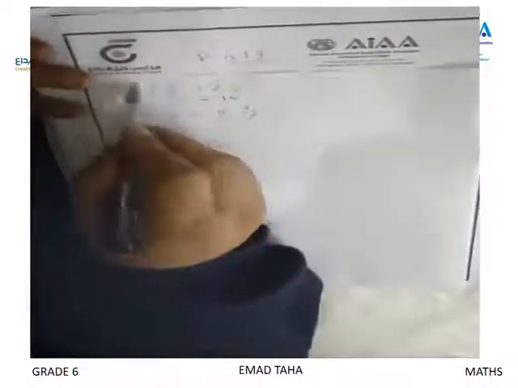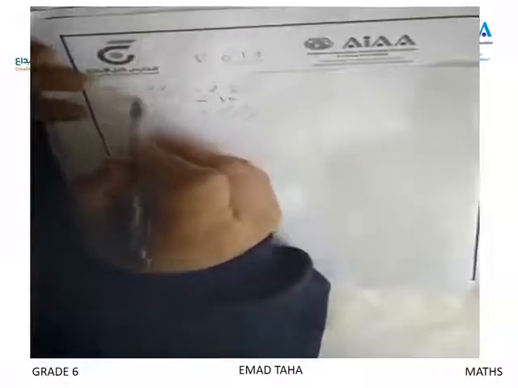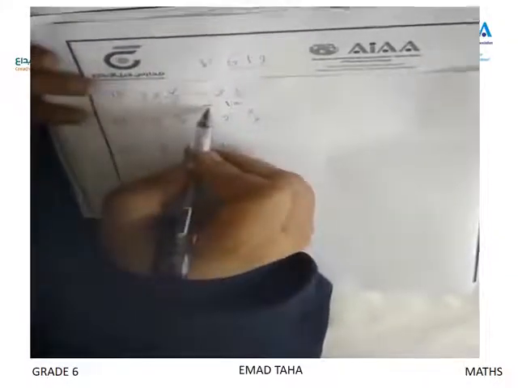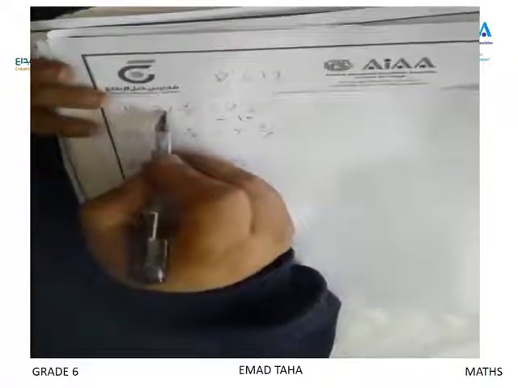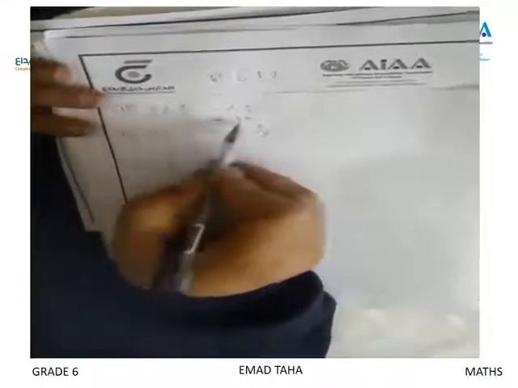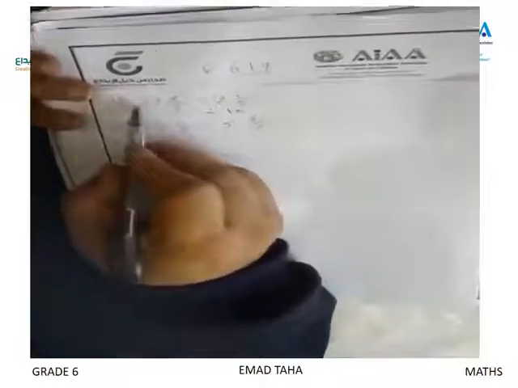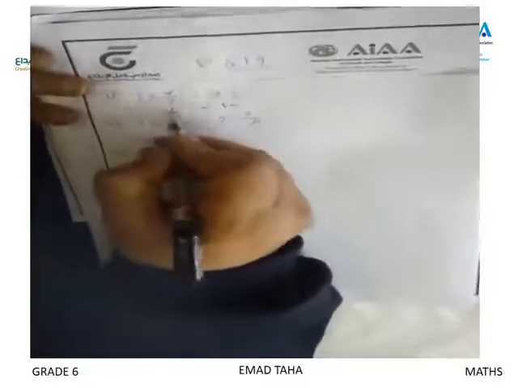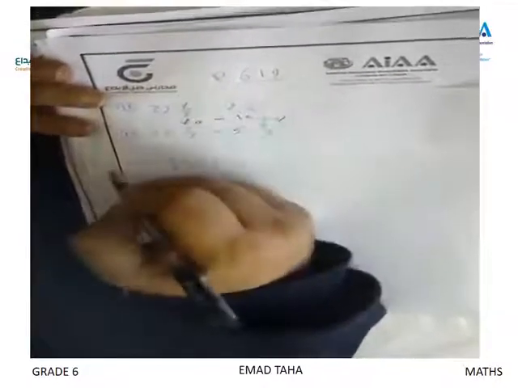Then we estimate the dividend by a number suitable to divide by 10. What is the number closest to 39 and 4 over 5 and divisible by 10? Table of 10, 39 and 4 over 5 is nearest to what? Yes, 40. Now we have 40 divided by 10 equals 4.